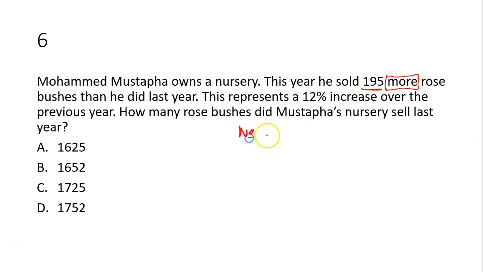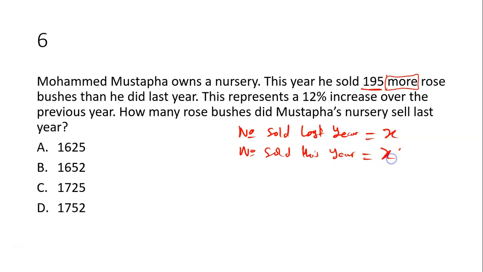So the number sold last year should be equal to, you can make it any variable, x or y. Okay, so let's say it is x. Now, number sold this year will be what? X plus 195, because the question says this year he sold 195 more rose bushes than he did last year. It means that what he sold last year plus 195 is this year.